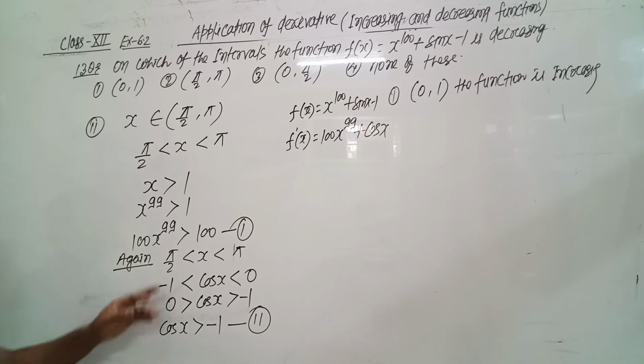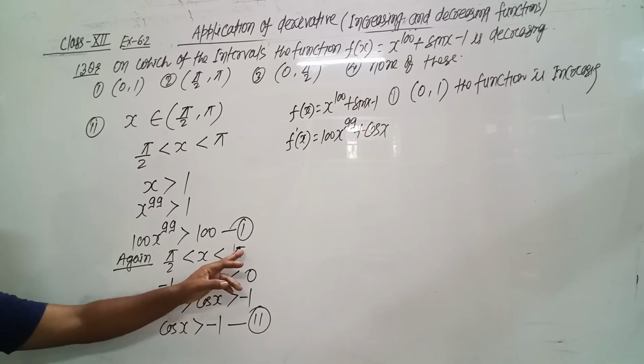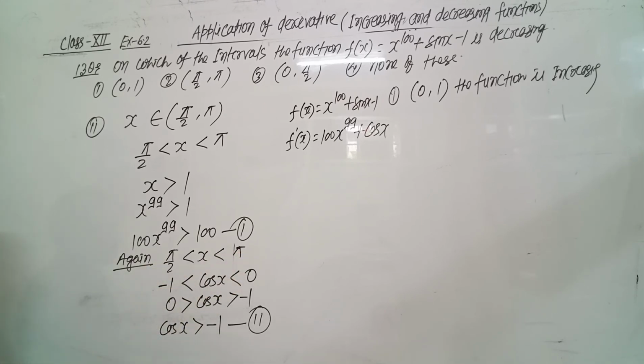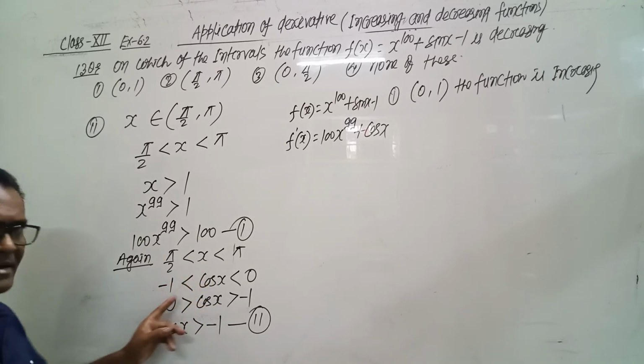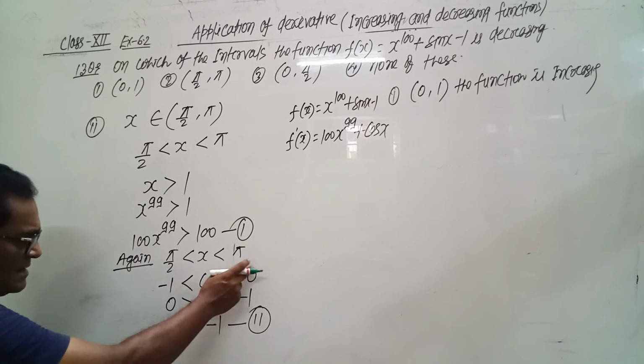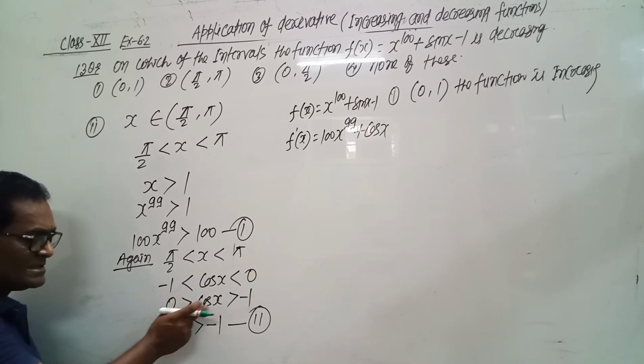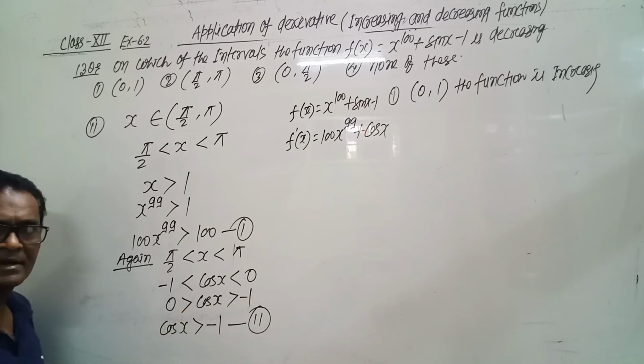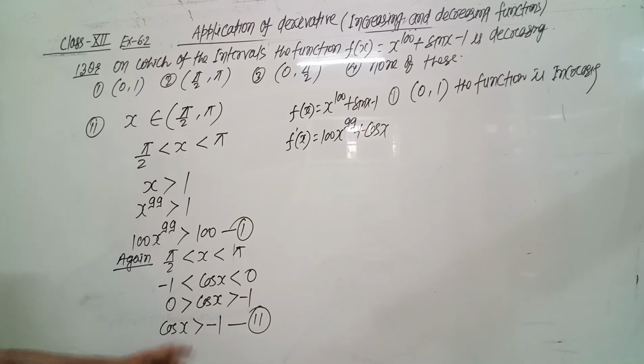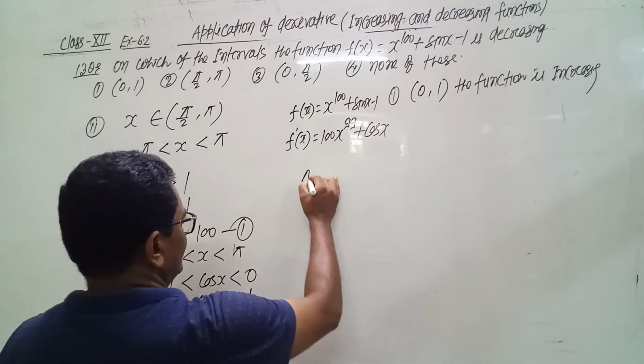The value of cos pi by 2 is 0 and the value of cos pi is minus 1. It means the value of cos x lies from minus 1 to 0, and this inequality can be written as 0 is greater than cos x is greater than minus 1. So cos x is greater than minus 1. This is second equation.